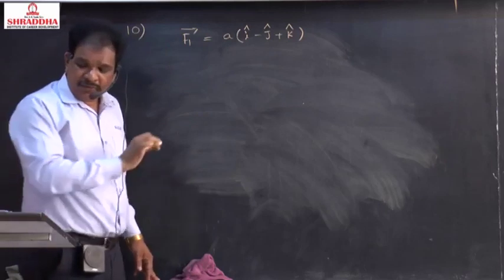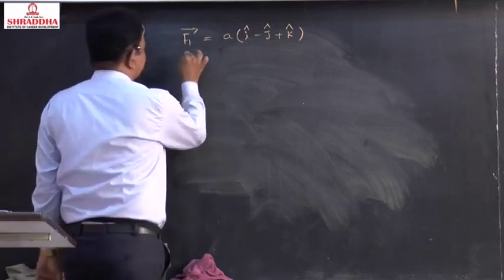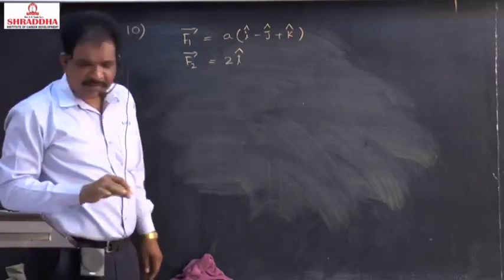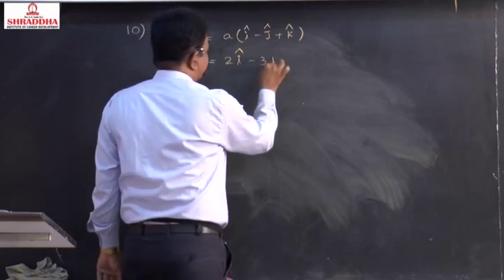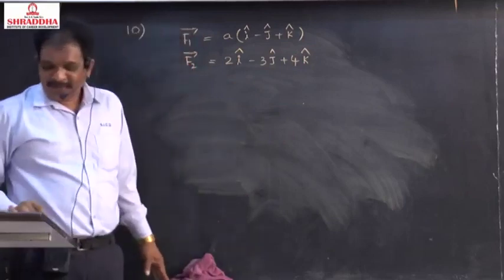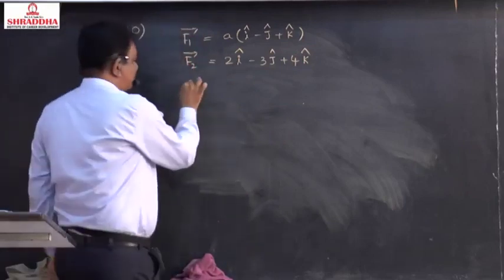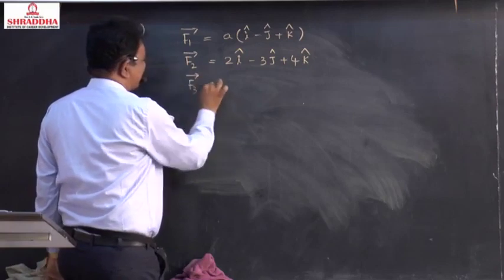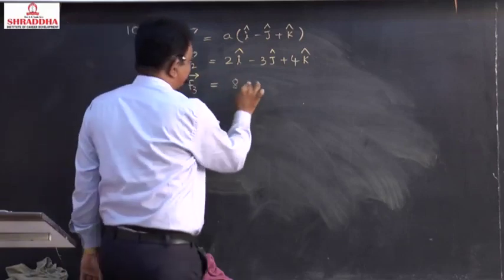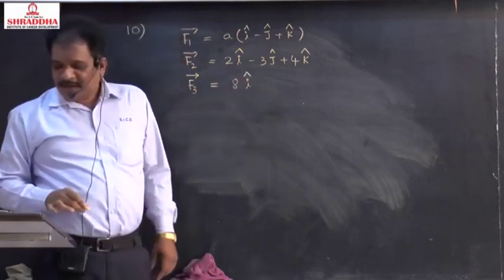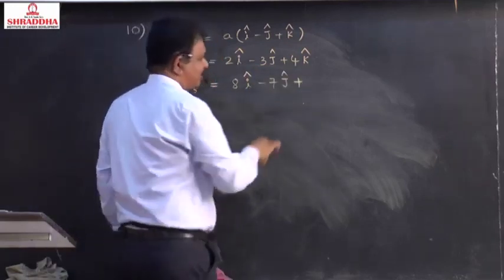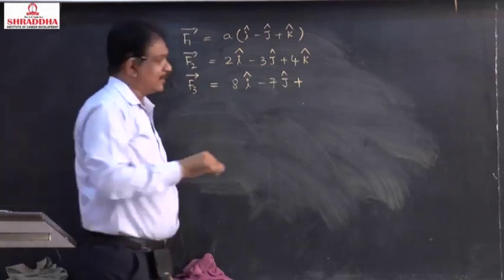F2 bar is equal to 2I cap minus 3J cap plus 4K cap. F3 bar is equal to 8I cap minus 7J cap plus 6K cap.